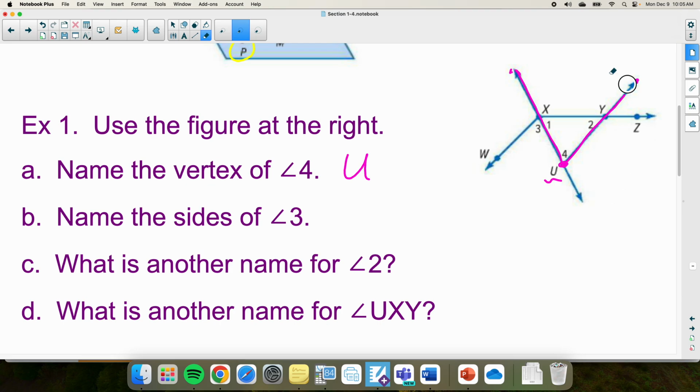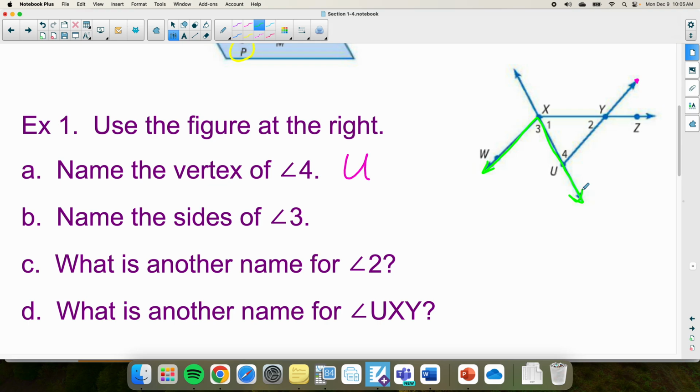Then I'm going to get rid of this. The next one says name the sides of angle 3. Now angle 3 is this angle. Notice the 3 is in between the 2 rays. Now this one wants you to name the sides. When you're naming the sides, it's going to be these 2, okay?